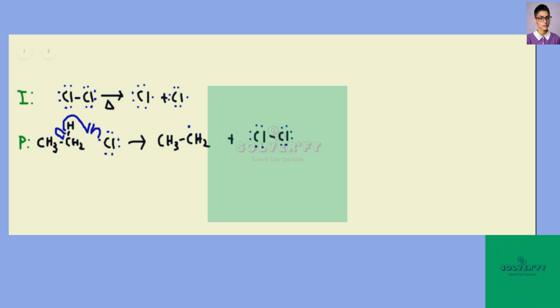It's always good practice to draw your electrons in. So this is going to look like this. The Cl-Cl bond cleaves homolytically, and this regenerates a chlorine radical.